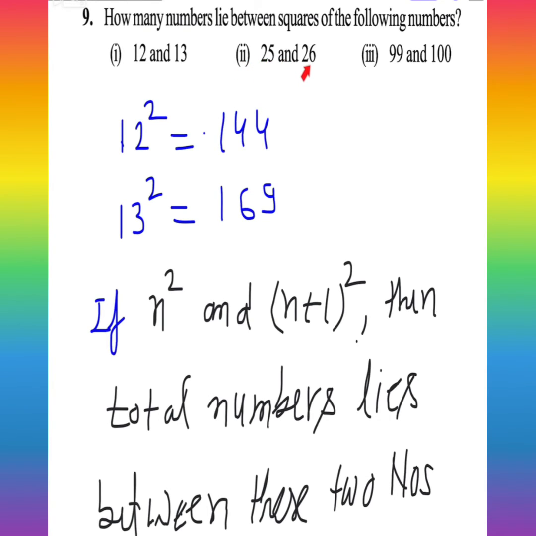In the same way you will find the answer of the second part, that is 25 and 26. These are successive numbers, and 99 and 100 are also successive numbers: after 99 you get 100, after 25 it is 26. So n is 25 and n plus 1 means 26, and for part number third, n is 99 and n plus 1 means 100.